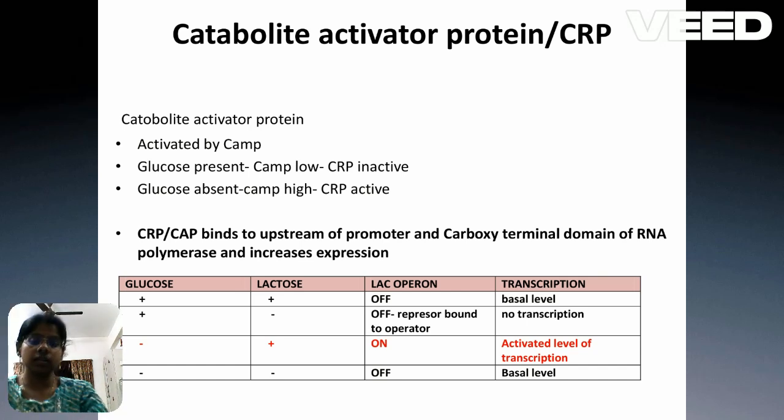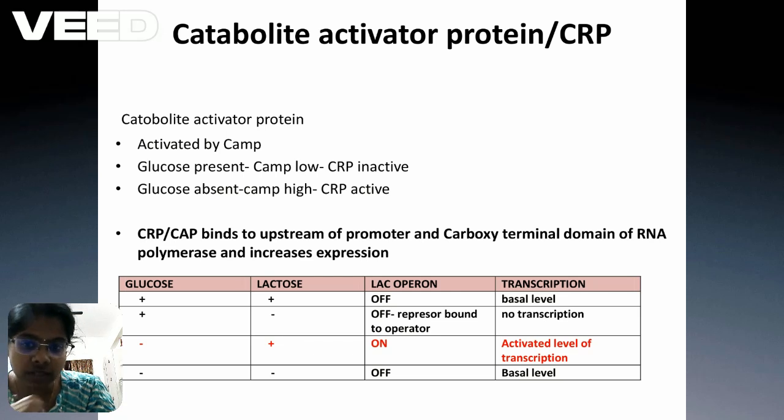Now this table provides a summary. Whenever both glucose and lactose are present, lac operon is off. There is a basal level of transcription. What is the basal level of transcription? There is always a minimum level of transcription of the enzymes. Lac Y encodes for an enzyme called permease. What is the function of permease? It allows lactose to enter into the E. coli.